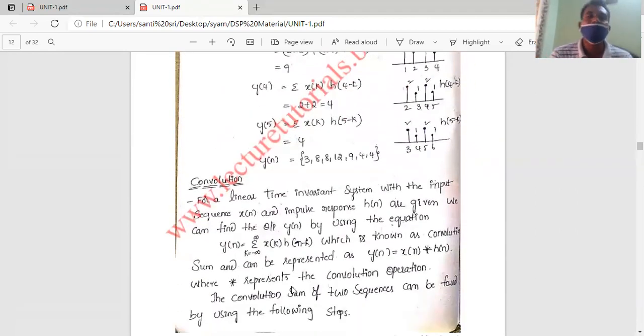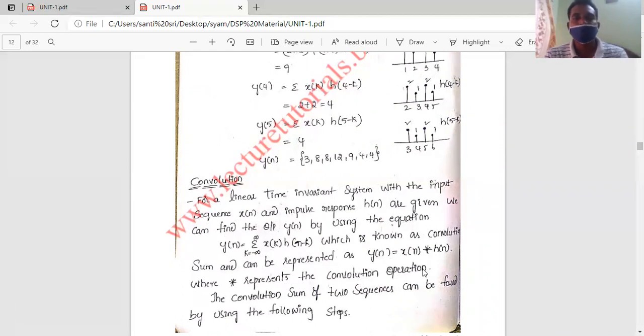For a linear time invariant system with input sequence x of n and impulse response h of n given, we can find the output y of n by using the equation y of n equals sigma k equal to minus infinity to infinity x of k into h of n minus k. This is the mathematical representation of convolution, or we can write this as y of n equals x of n convolved with h of n, where the star represents the convolution operation.